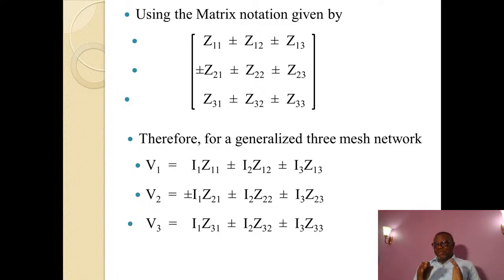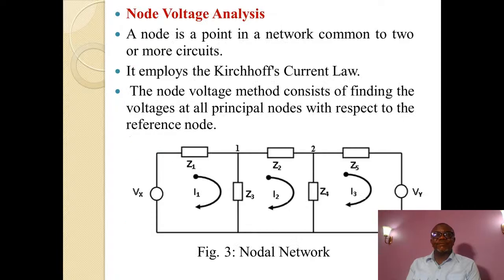We want to limit ourselves for now to a 3 by 3 matrix. It can go on to 4 by 4, 5 by 5, any length of matrix, but we are looking at the one that we can easily solve to get an answer and understand what is happening.